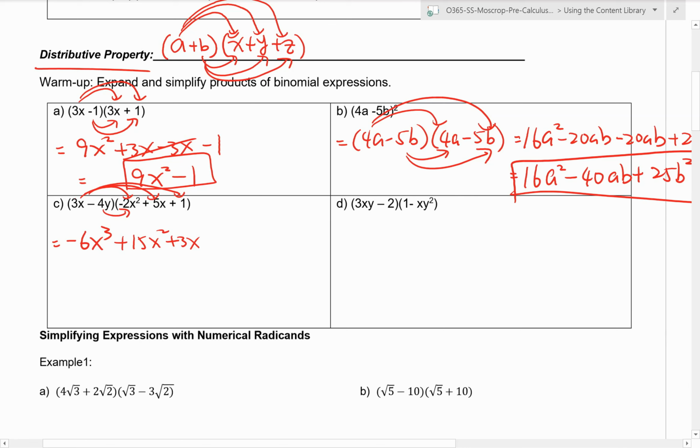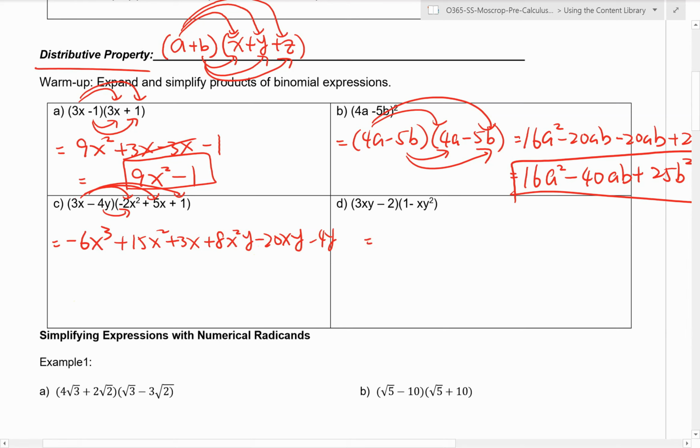And now you deal with the second term. Negative 4y times negative 2x squared is plus 8x squared y, minus 20xy, and then finally minus 4y. Collect like terms. Do we have any actually? No, we don't have any like terms, so that's the answer. Okay, why don't you try part D yourself, see if you can do it. You should be able to do it.